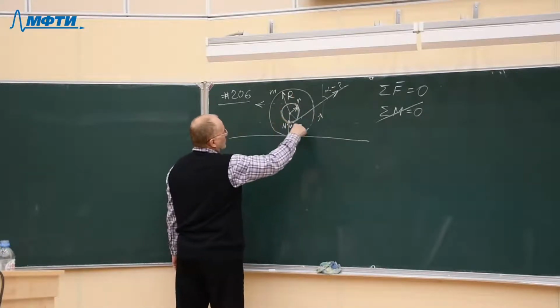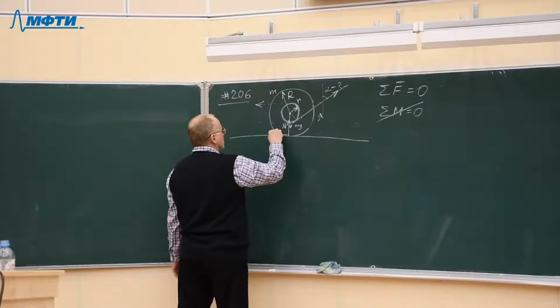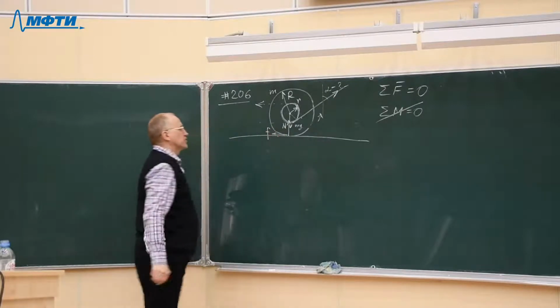Then the force of friction acting on the spool will be directed oppositely to its velocity. That will be the force of friction.